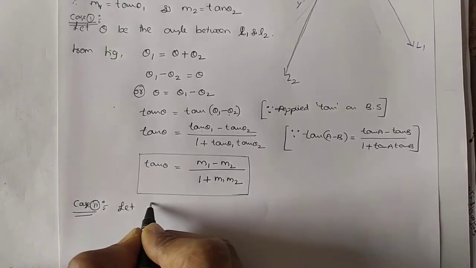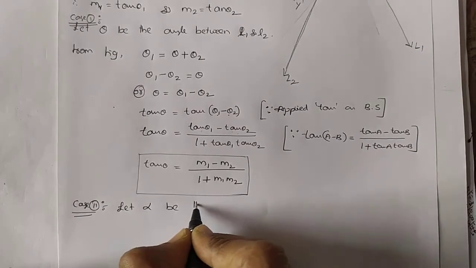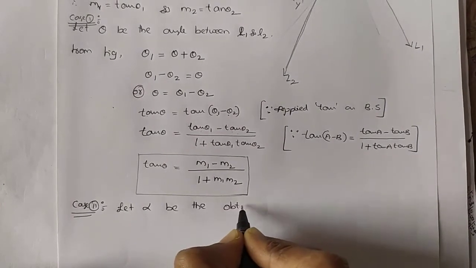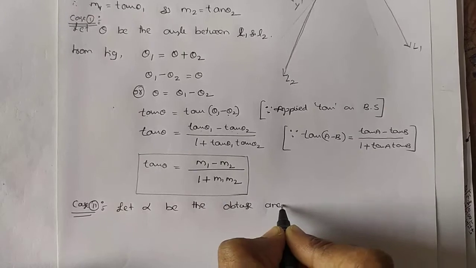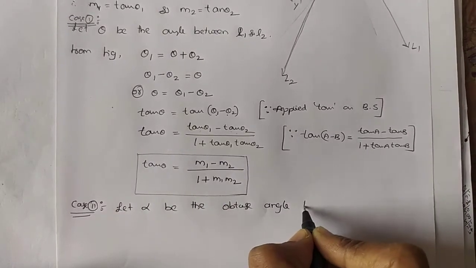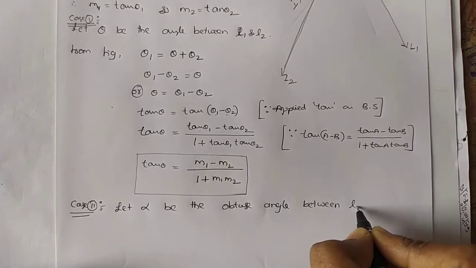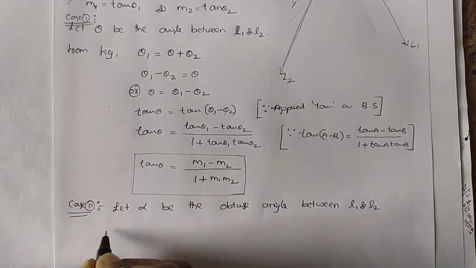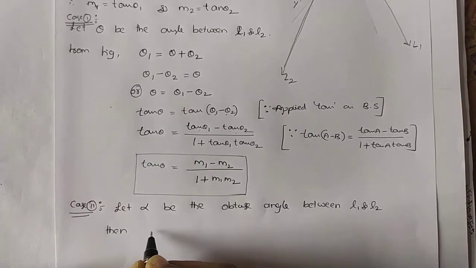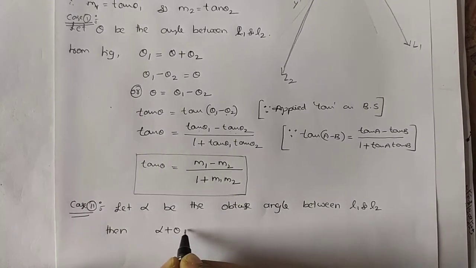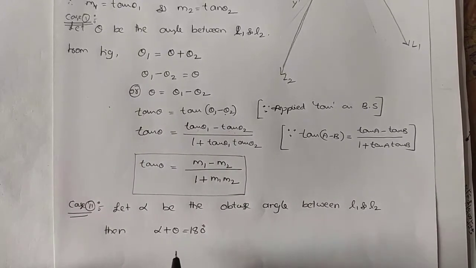Let alpha be the obtuse angle between L1 and L2. Then the condition is alpha plus theta equals 180 degrees.